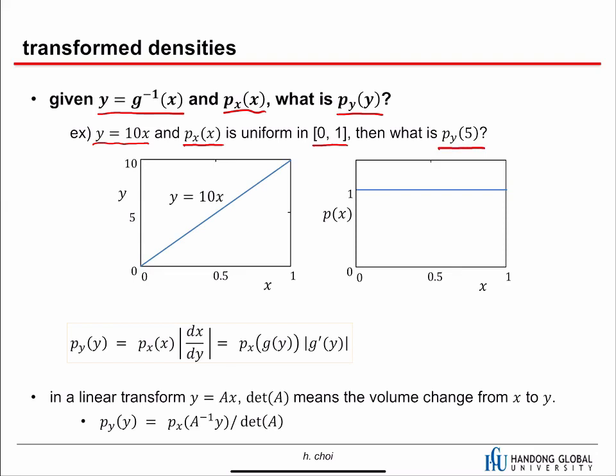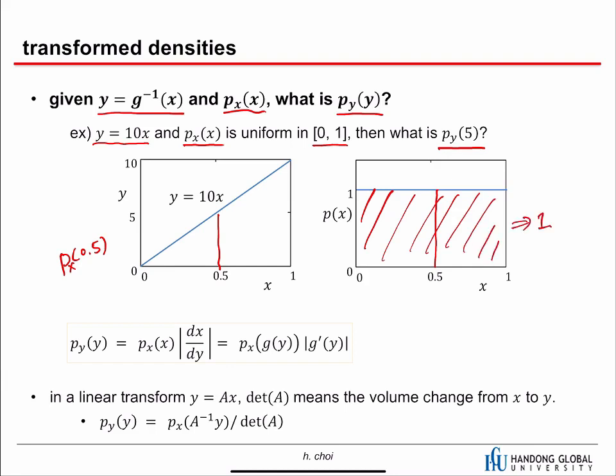So this is the transformation. If y is 5, then x is 0.5. Then what is the probability p of 0.5 in x space? It is 1, because the sum of this probability should be 1, so everywhere we have 1 as probability. Then how about y?